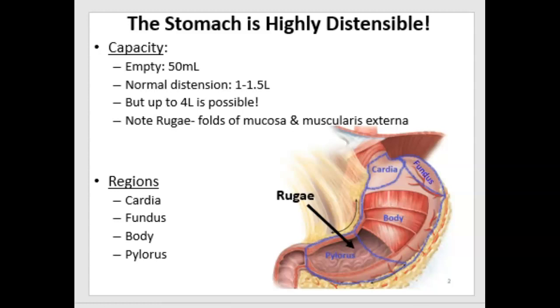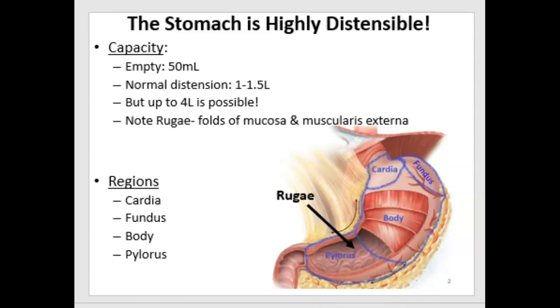But after eating, it normally distends to hold up to 1 to 1.5 liters. However, it's able to distend up to 4 liters. That's amazing. I'm sure that wouldn't feel very comfortable, though. So once food leaves the stomach to enter the intestine, it collapses back to the original volume of 50 milliliters.